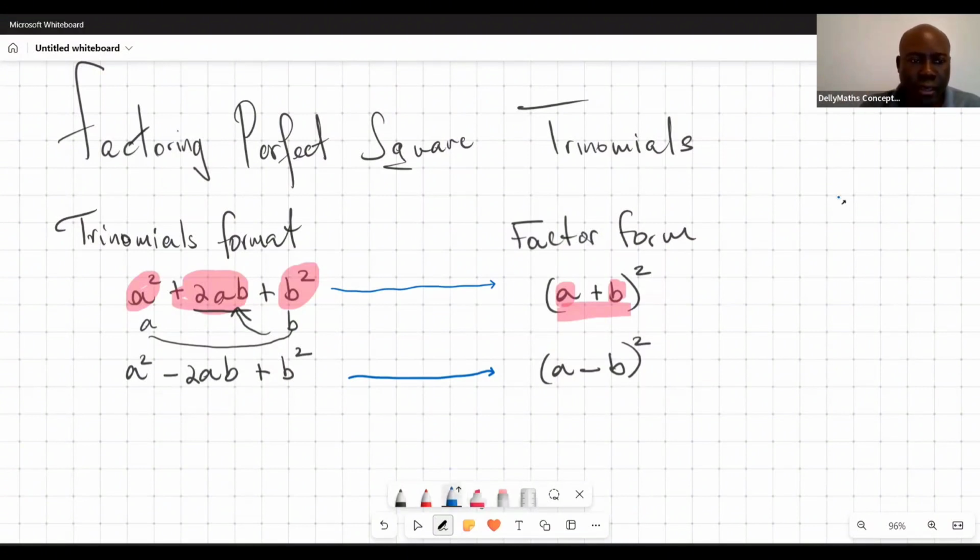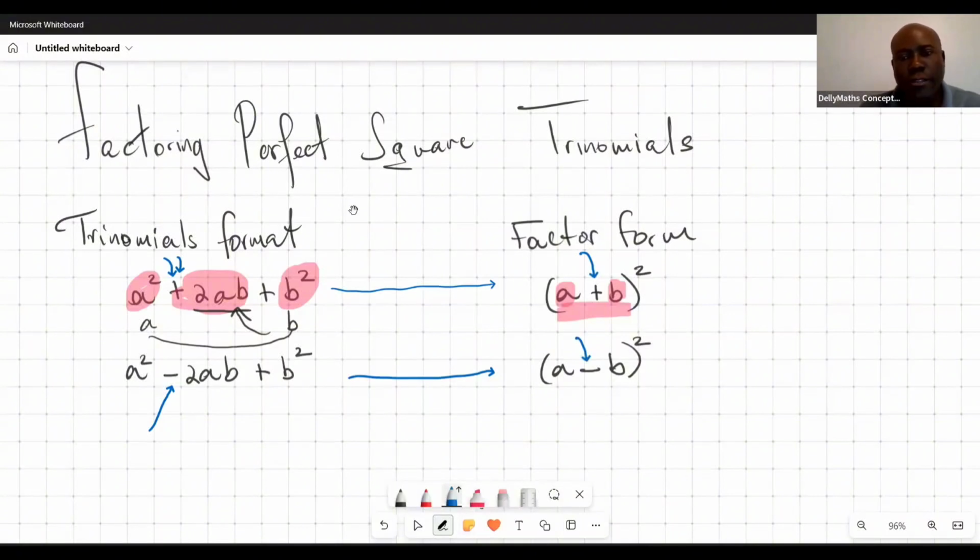If the middle term is a plus, you're going to have a plus here. If the sign on the middle term is a minus, then you use a minus right there. The idea remains the same.